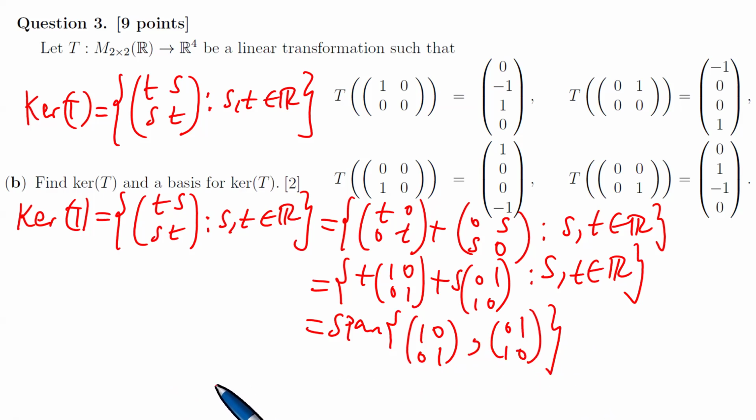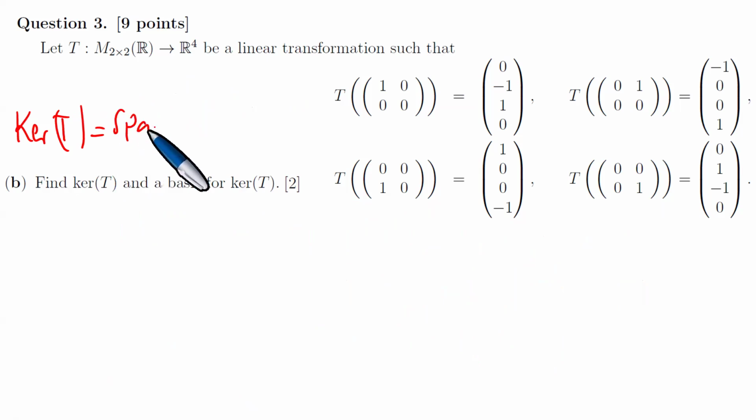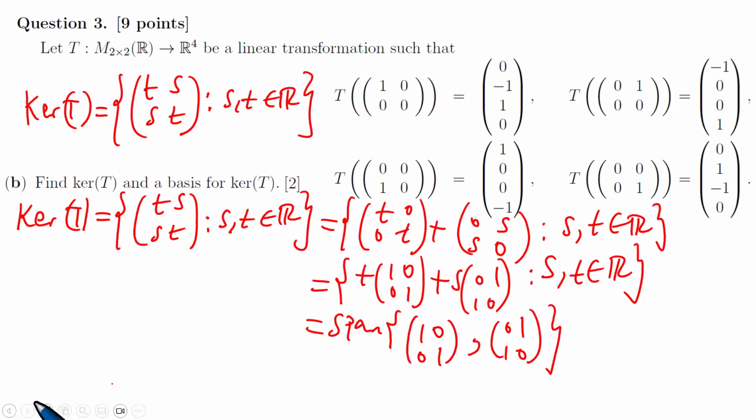But now if the span is this, we're able to make the observation that the kernel of T is actually this particular span here. So it's spanned by this. Span means just the set of all linear combinations, and the linear combinations themselves are these ones.